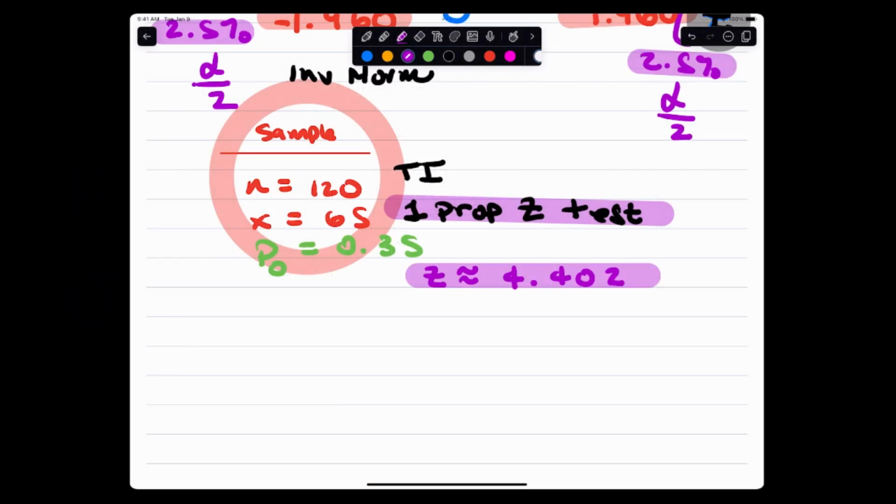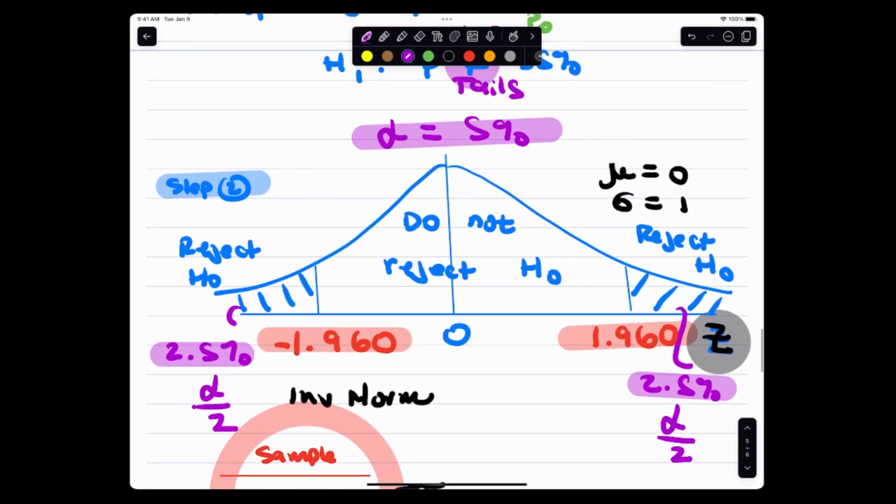That is your test statistic. That's what you need to find in step 4. So where does that number belong on your decision rule?